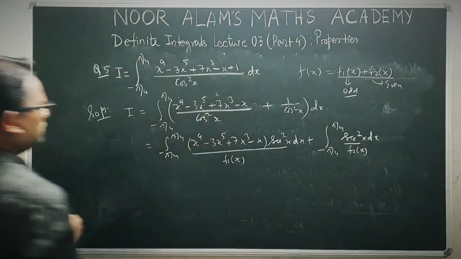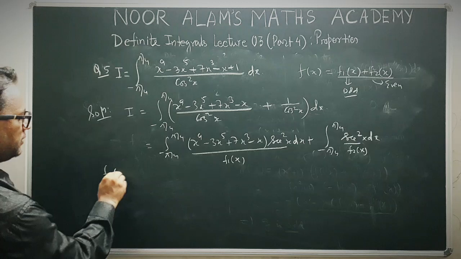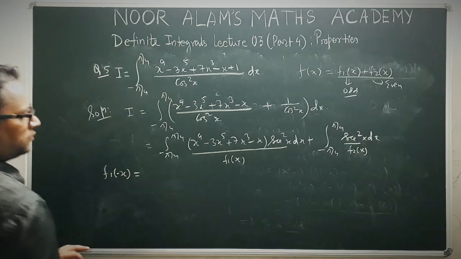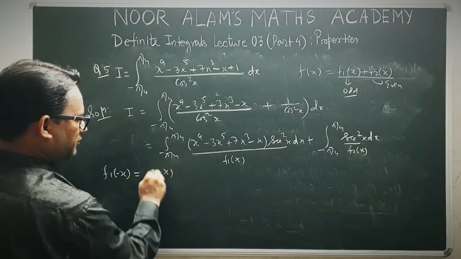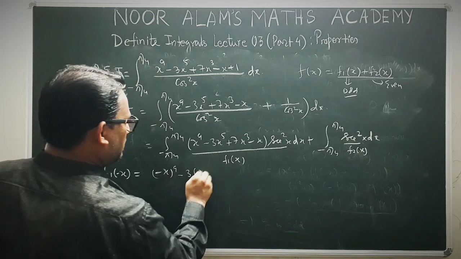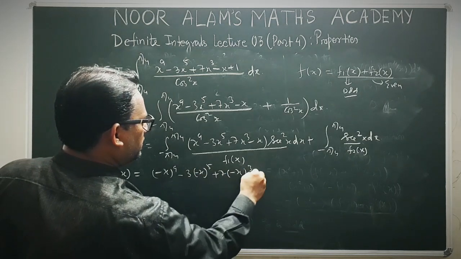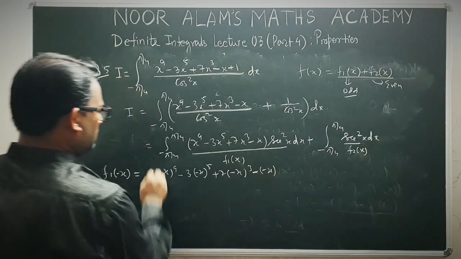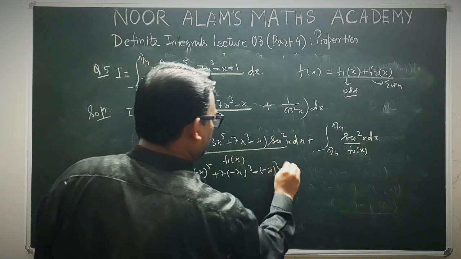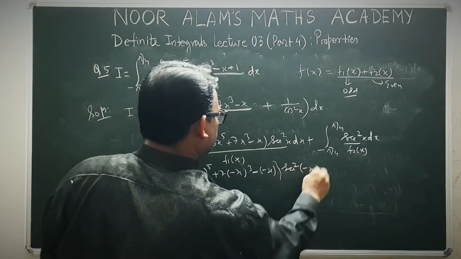Okay, now you see that in f1 of x, if you put a negative sign, what will happen? Minus x power 9, then 3 minus x power 5, then 7 minus x power 3, then minus of minus x, multiplied by sec square of minus x.